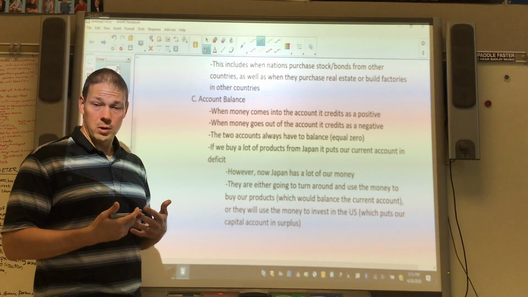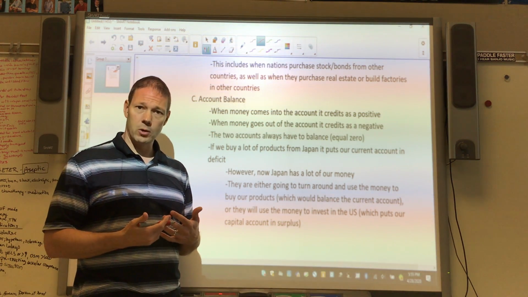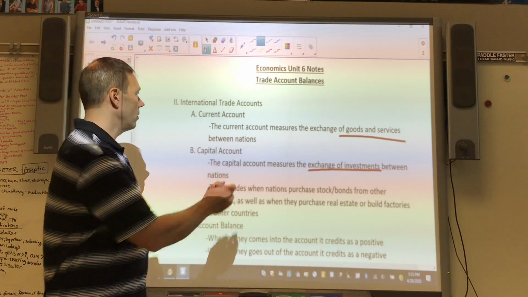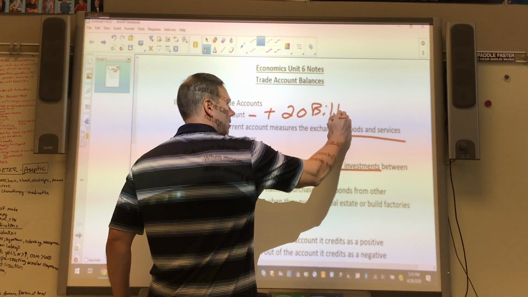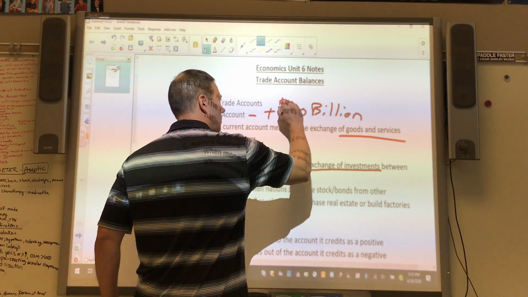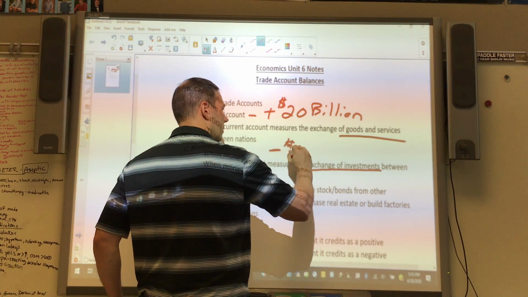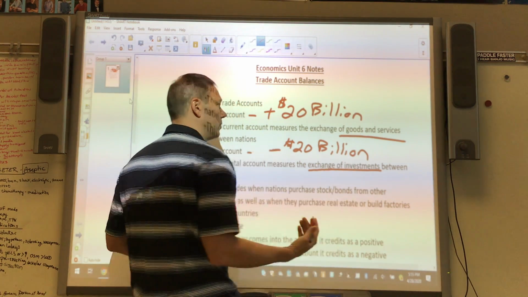The two accounts, when you put them together, they have to balance, or in other words, equal zero. So if the current account is, let's say, positive 20 billion, that means that the capital account is going to be negative 20 billion. And so forth. Okay, so if you put the two together, they will equal zero.